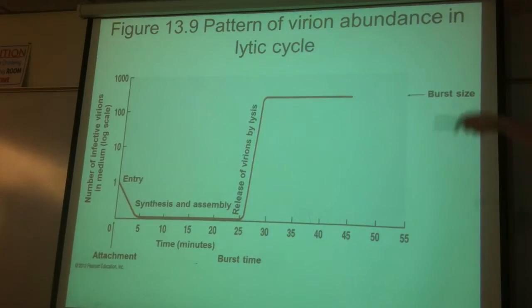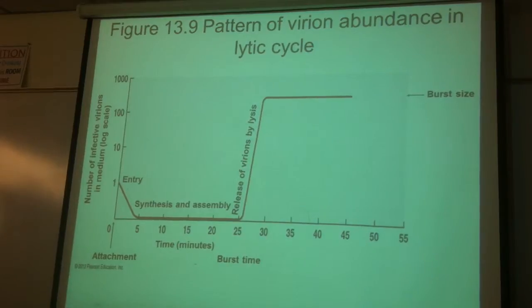That's why, if you look on the left side, the number of infected virions in the medium starts at one and then drops, because it's no longer infectious; it's already infected something. Then you have this time where it's trying to synthesize and assemble, and then it lyses the cells. If you look at this, we're talking, what, 30 minutes from entry to cells dead?